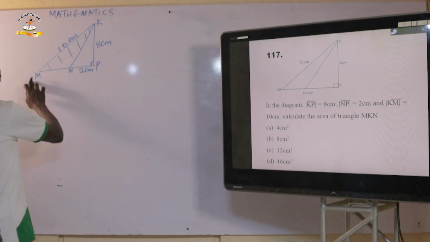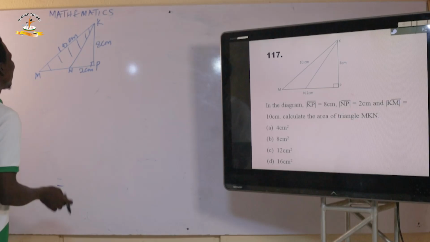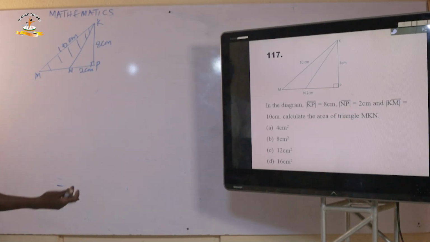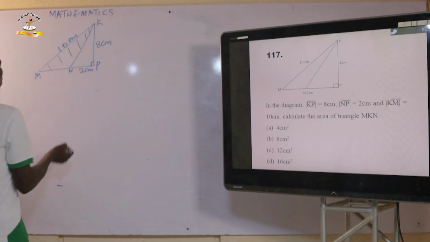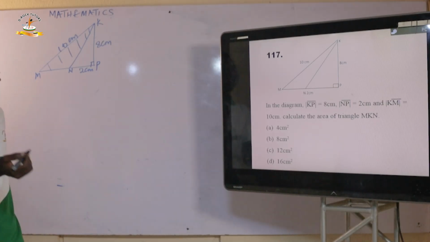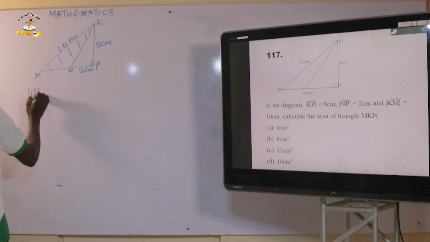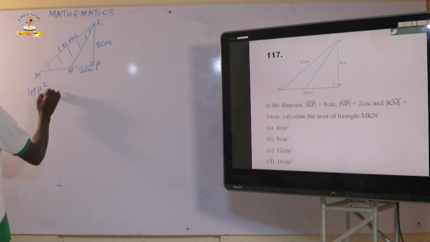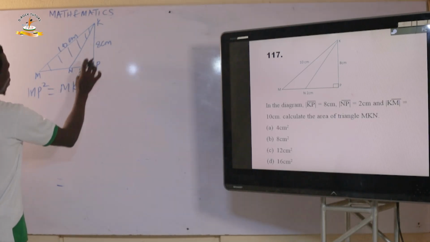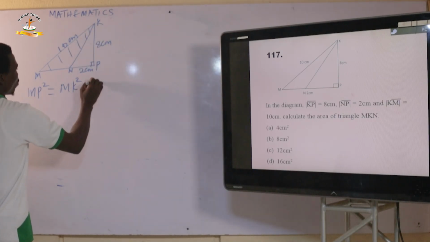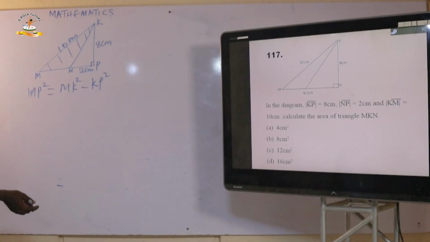So if you have to look for the area of NKP, what happens? We find the base, because we don't have the base. But don't forget, it is going to be half base times height. So to find the base, we use Pythagoras theorem one more time. So we say MP squared equals hypotenuse squared, MK squared, minus adjacent squared, which is KP squared, or opposite squared, whichever way you call it.